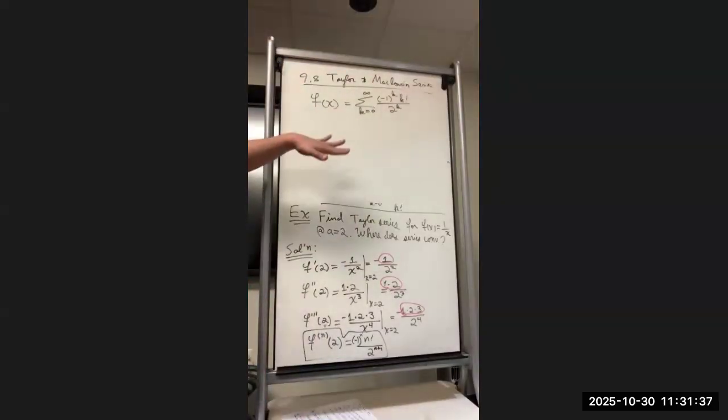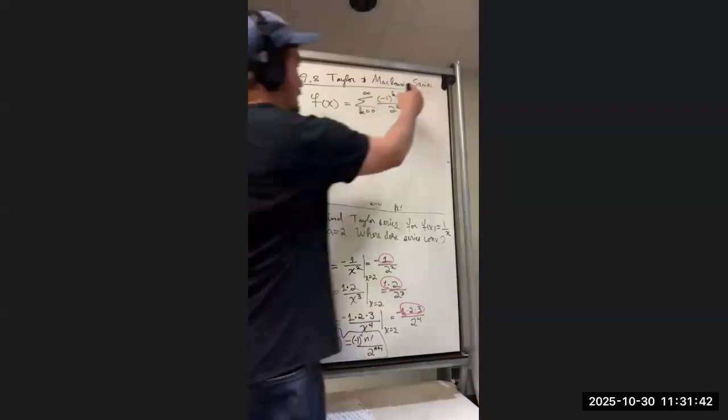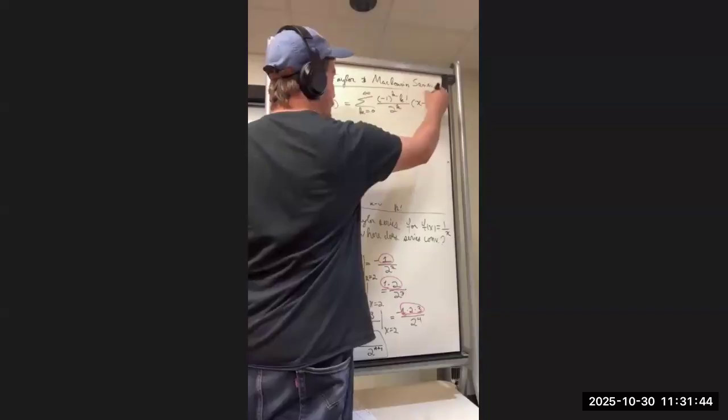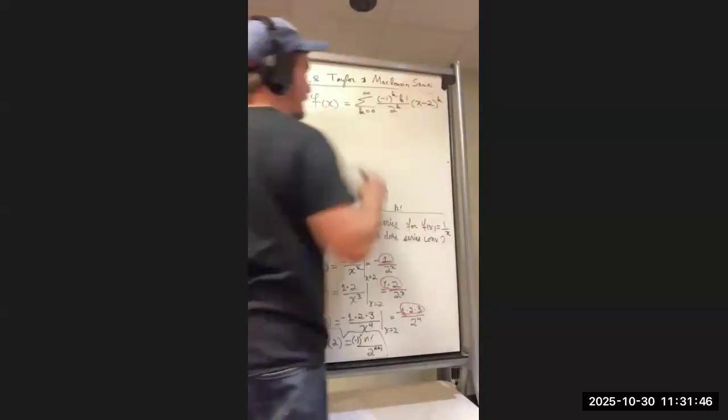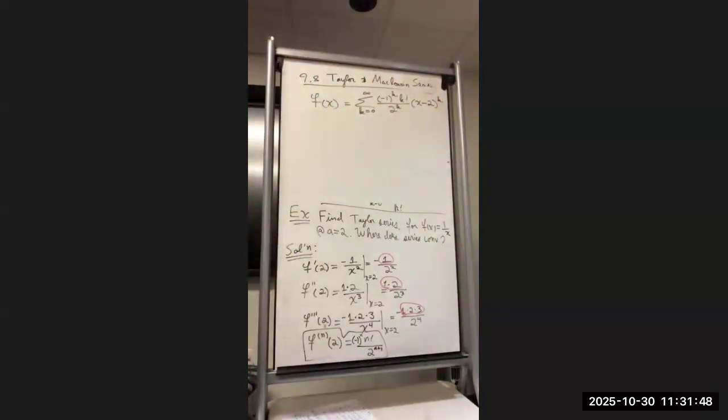And then we're expanding this series around the center 2, so we'll have an x minus 2 to the k. So that is the Taylor series for this function, right?